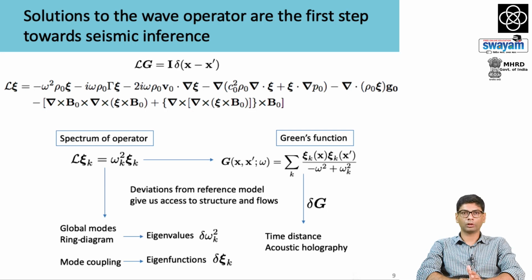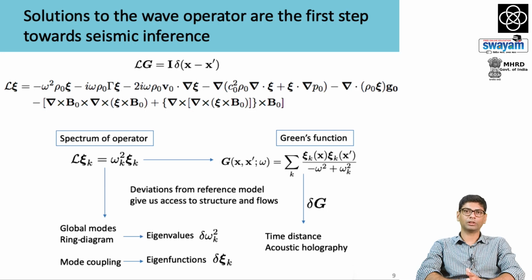There's probably not a lot of time to discuss in detail each of these techniques, but there is a great deal of mathematics and complexity involved in this process, which I'll try to give you a very broad impression of. Now the second way to proceed is to look at the Green's function of this operator, which is essentially connected to the eigenfrequencies and the eigenfunctions, but it's a different approach.